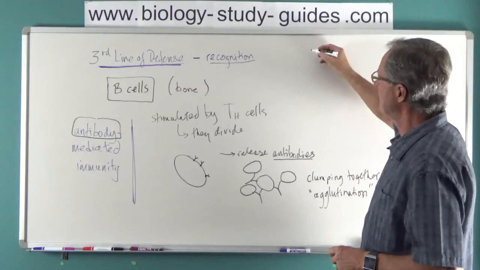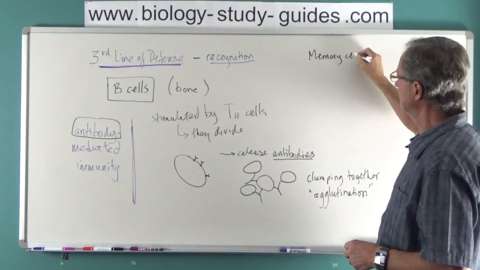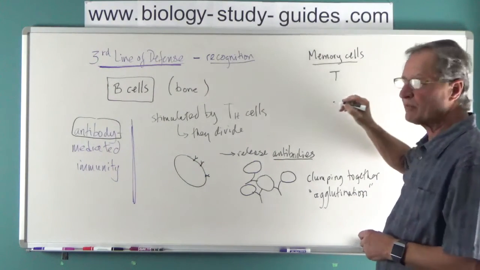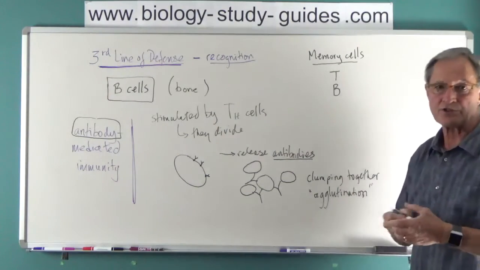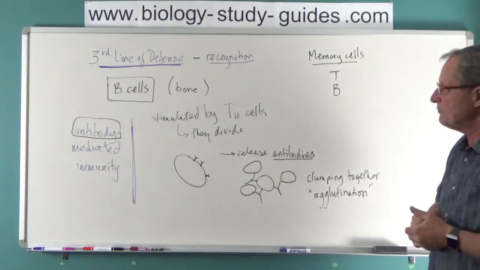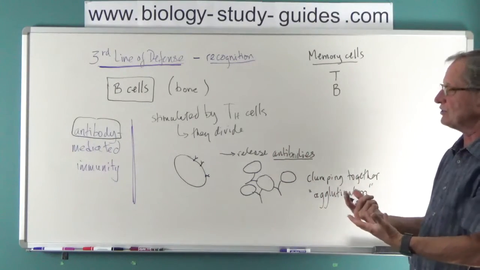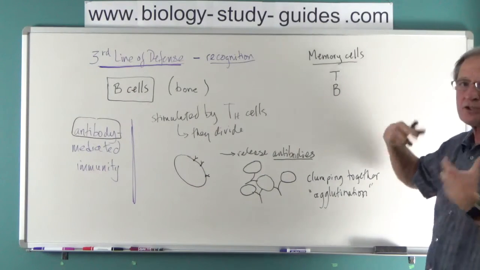It's the business of memory cells. There are T cells, which are memory cells, and there are B cells, which are memory cells. Those are the cells that are left over afterwards. I mean, in both cases, they're mass-produced. And in both cases, the cells don't all die, or there's leftover cells.